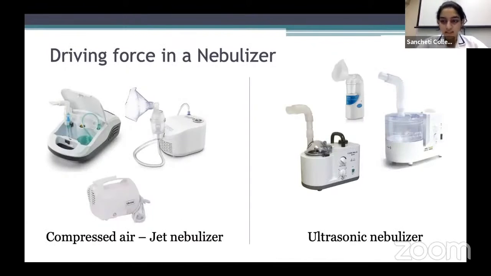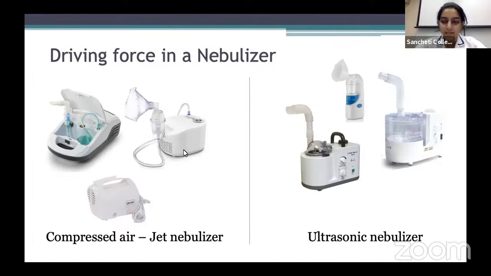Driving force in a nebulizer. Now, we spoke about two driving forces, compressed air and ultrasonic waves. In the first example, these are the most commonly used nebulizer systems in hospital settings. These come in different shapes and sizes, but the basic concept is the same.